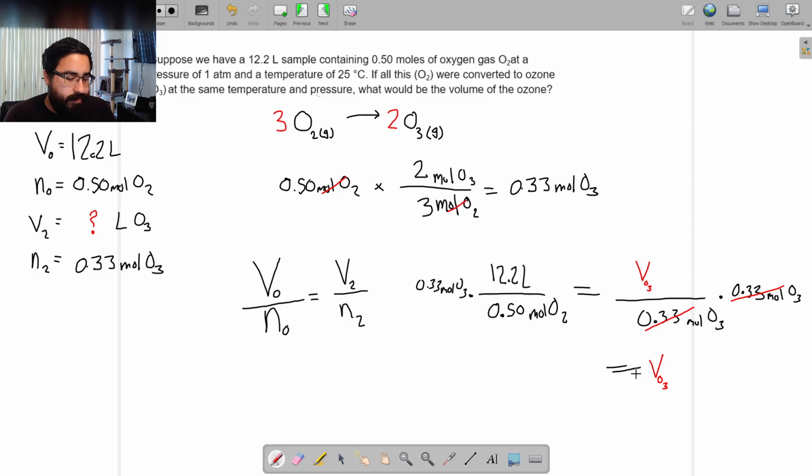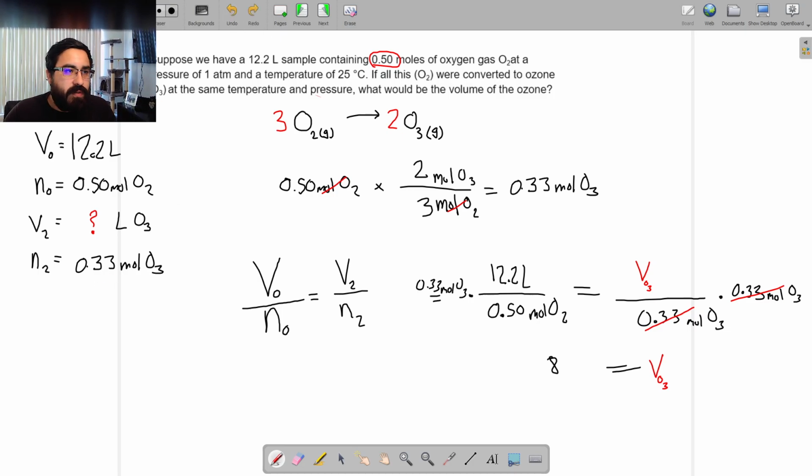All right, so quick mental math. 12.2 times 0.33 divided by 0.5, and we get 8.05. But we only want 2 sig figs because look, the limiting data that we have is 2 sig figs here, 2 sig figs, so we should only have 2.